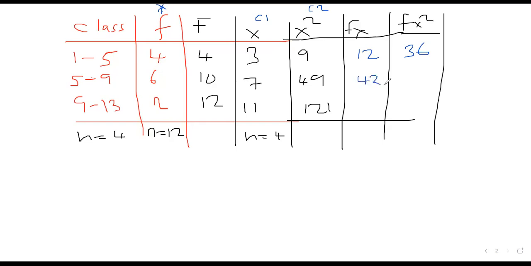Never make a mistake of squaring this to get the answer. You start from the multiplier again. 6 times 49 is 294. 2 times 11, 22. 2 times 121, 242.